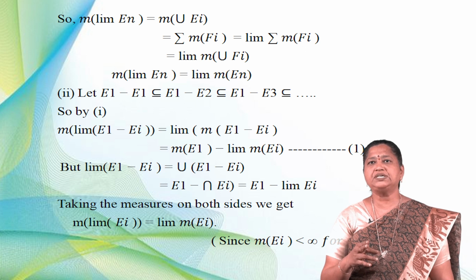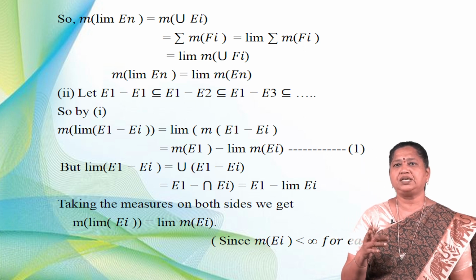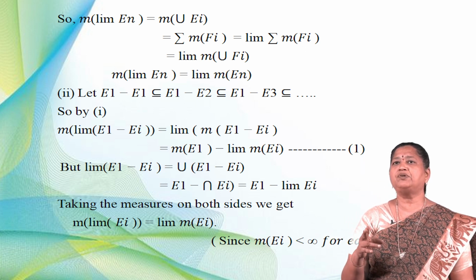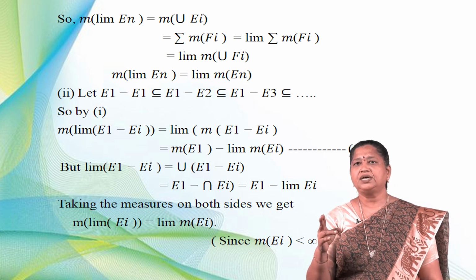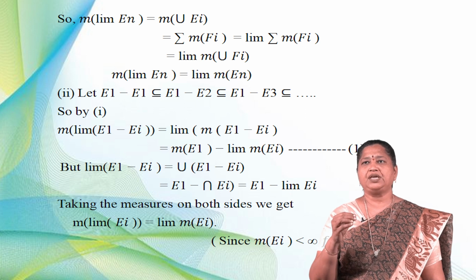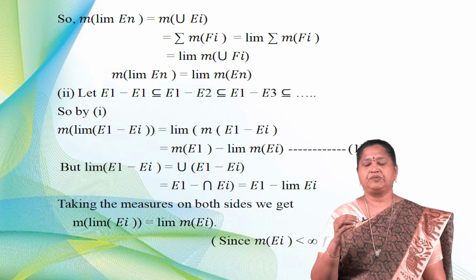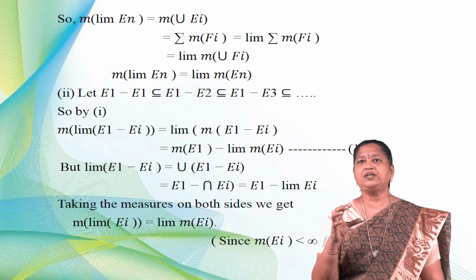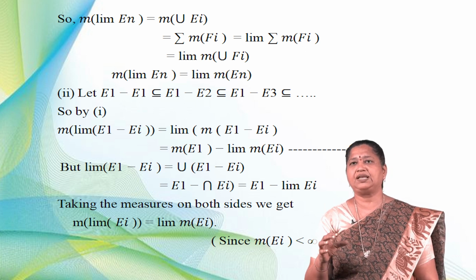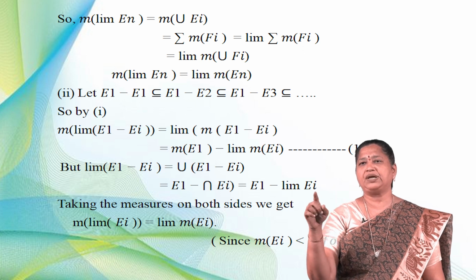The second proof is: let E1 minus E1 be contained in E1 minus E2, which is contained in E1 minus E3 and so on. So by the first case, m of limit of E1 minus Ei is equal to limit of m of E1 minus Ei.